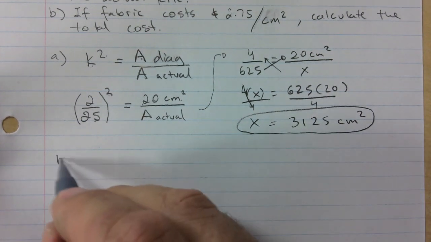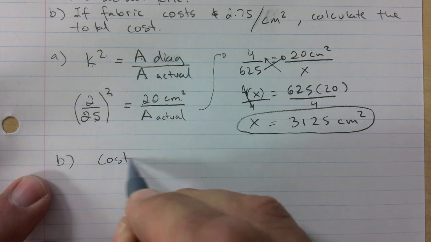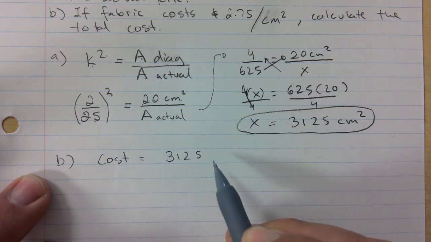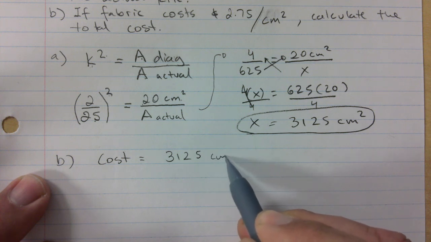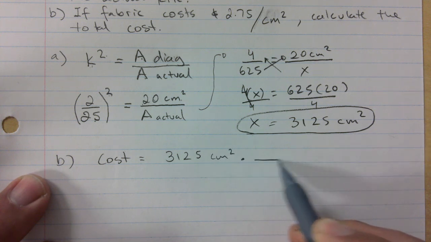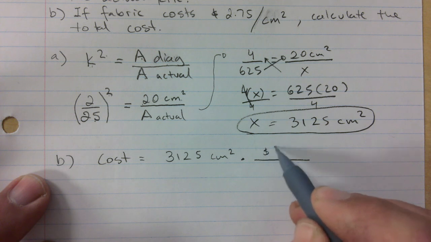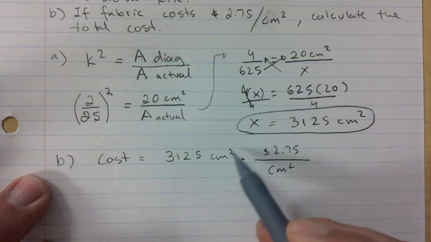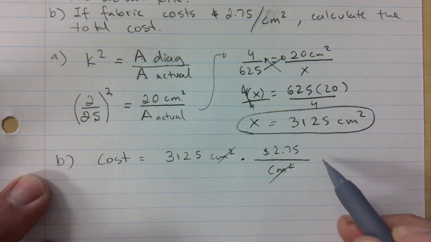And B, cost. Since we need 3125 centimeters squared, we just multiply it by the cost, which is 275, and I was nice enough to already make that in centimeters squared, so they just cancel out like that.